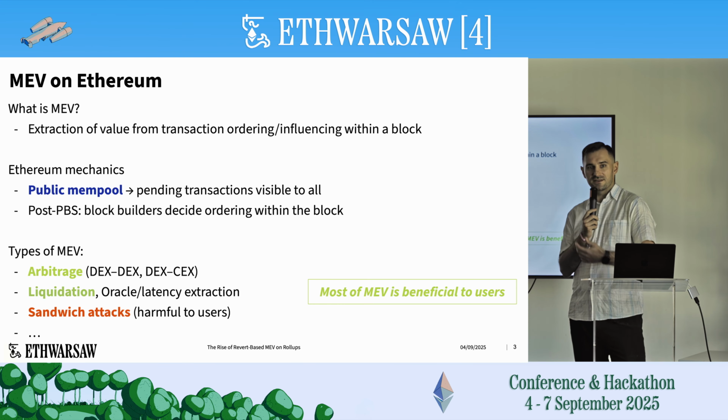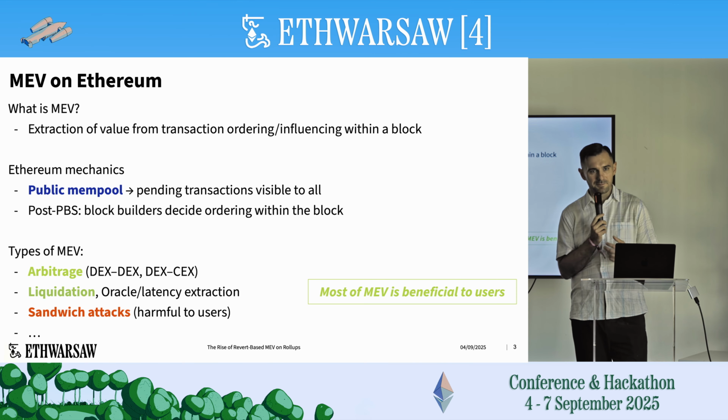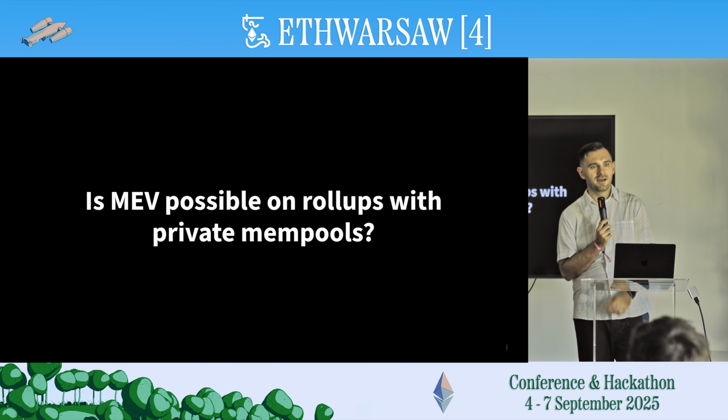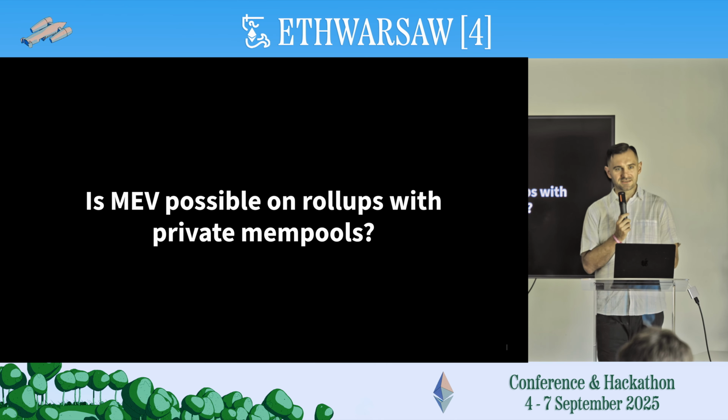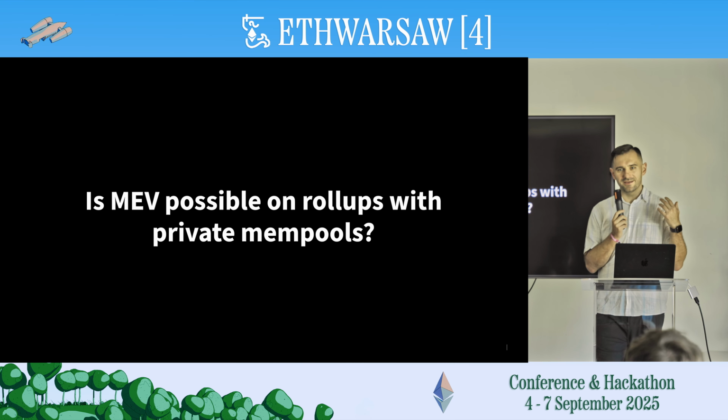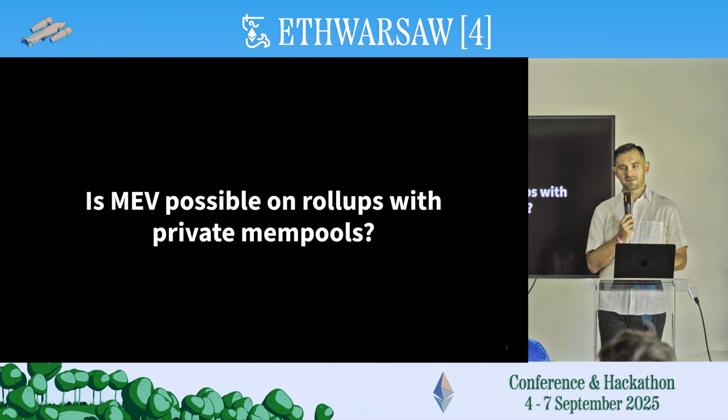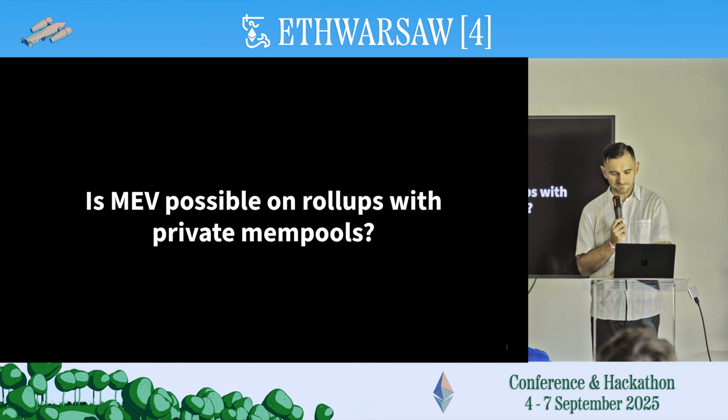However, in the case of Ethereum, they all require that the mempool of transactions is public. So the question is, how can we do MEV transactions when we do not see what transactions are in the mempool, what transactions are pending, about to be executed?